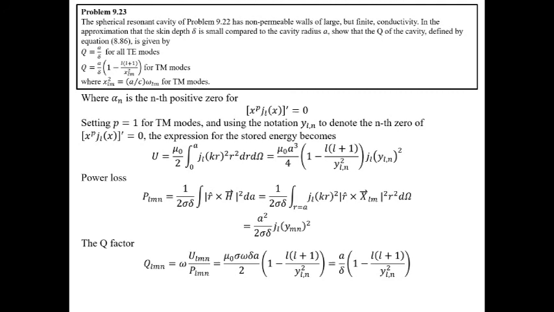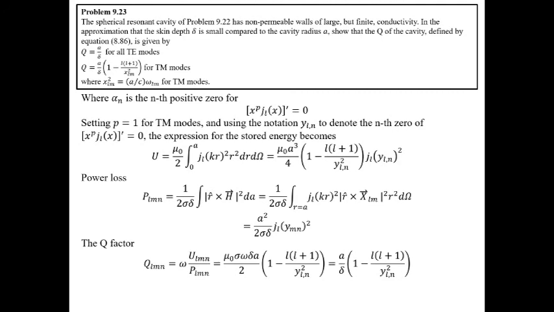Here alpha_n is the n-th positive zero for x^p times j_l of x prime equals 0, setting p equals 1 for TM modes, and using the notation y_ln to denote the n-th zero of x times j_l of x prime equals 0.